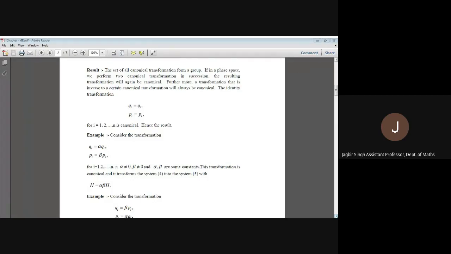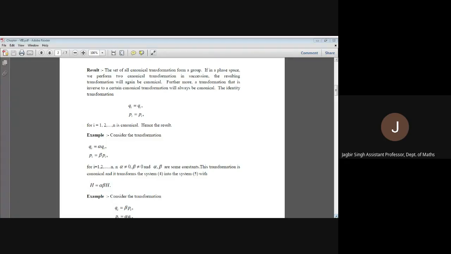Just imagine q1 tilde is alpha q1, q2 tilde is alpha q2, q3 tilde is alpha q3, and qn tilde is alpha qn. Then p1 tilde is beta p1, p2 tilde is beta p2, and pn tilde is beta pn. Now find the Jacobian, because q1 tilde is a function of q1 only. So the partial derivative of q1 tilde with respect to q1 will be alpha, and with respect to other variables will be 0.